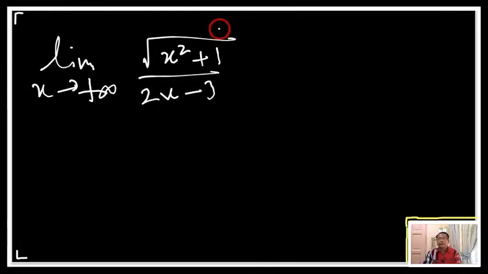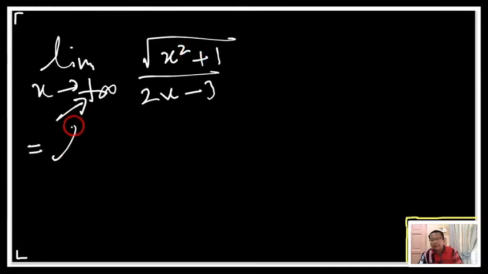So what you need to do is, if you have positive infinity, you divide by positive x. If you have negative infinity, you divide by negative x. So this one is positive infinity, you divide by positive x. This one, divide by x squared.